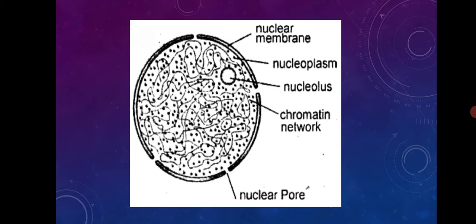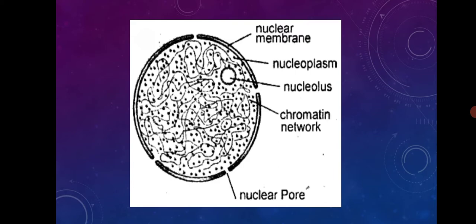Generally, there is one nucleus per cell, but binucleated and multinucleated cells are also present, for example striated muscle fiber. Cells without a nucleus are also found, for example mammalian RBC that is present in our body, and sieve tube in the phloem, the vascular bundle that is present in the plant.